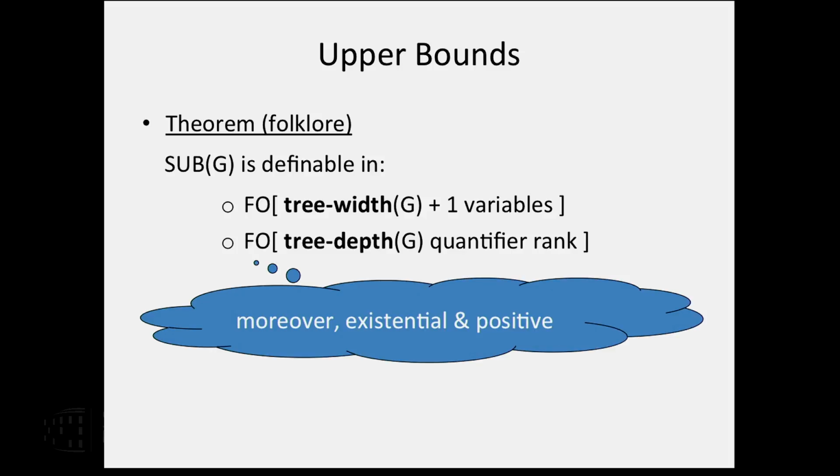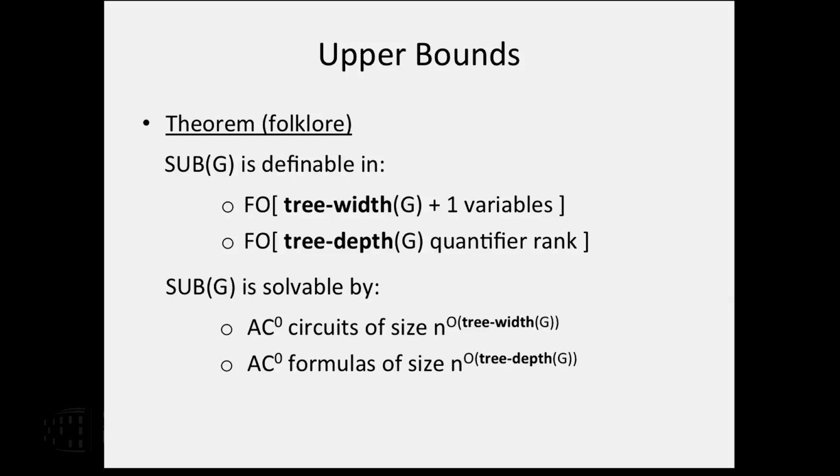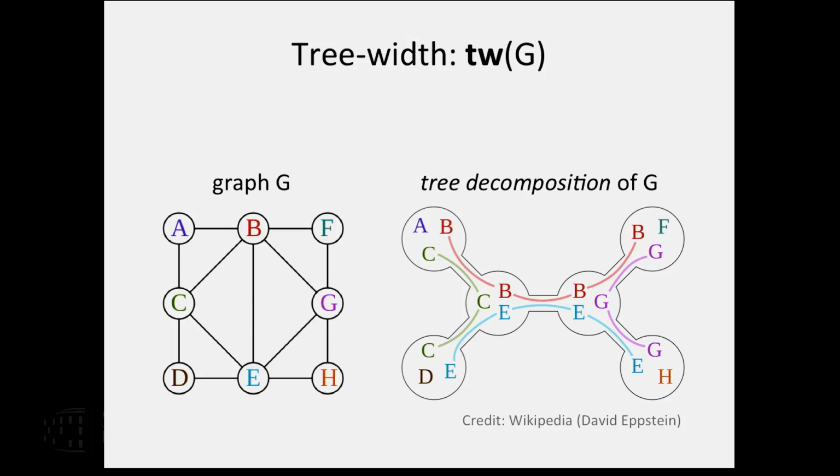Moreover, you can do this with first order expressions which are existential and positive. If you translate these first order formulas into AC0 circuits and formulas, you get AC0 circuits of size n to the tree width and formulas of size n to the tree depth.